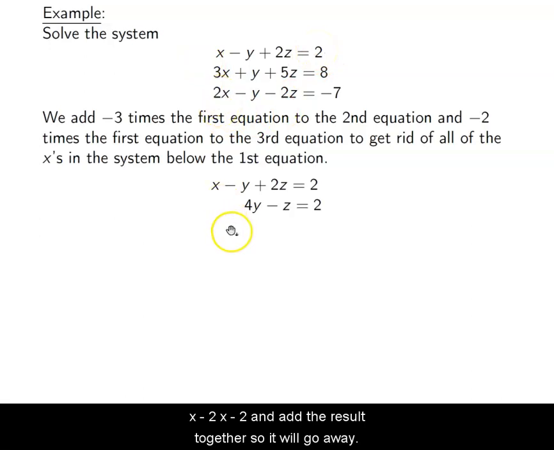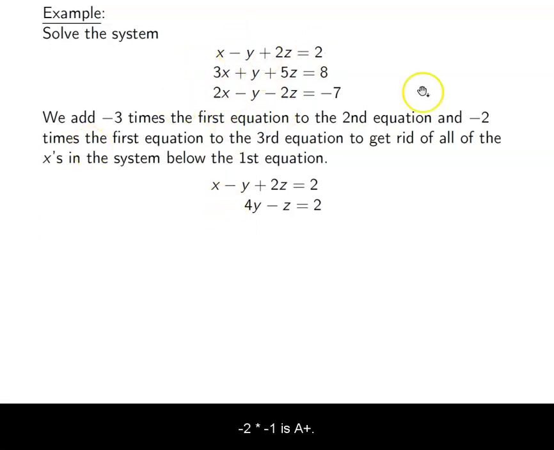So x will go away. -2 times -1 is a +2. Minus 1 will give me just y. Okay, -2 times +2 is -4. Add that with a -2 and I have -6. -2 times 2 is -4. -4 plus -7 is why I have -11.